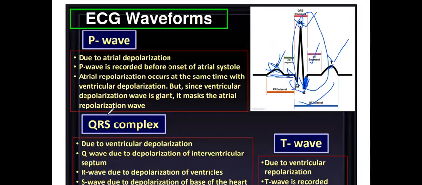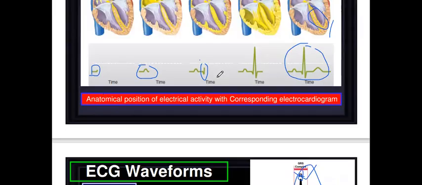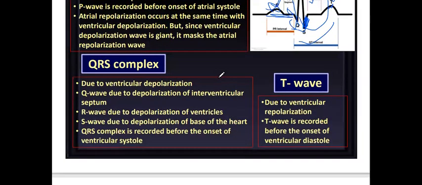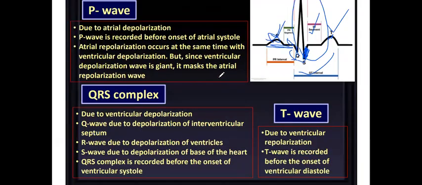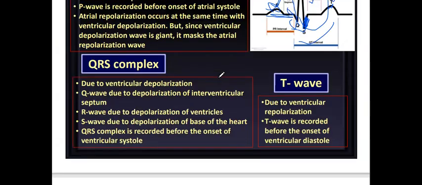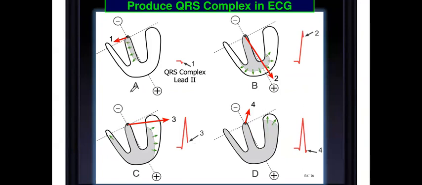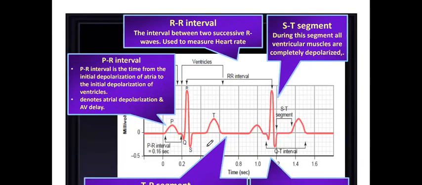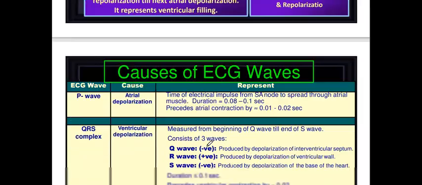So these are the things we have to remember. These two things are very important: when the P wave is forming, when the Q wave is forming, R wave is forming, S wave is forming, and T wave is forming. We will understand this diagrammatically.